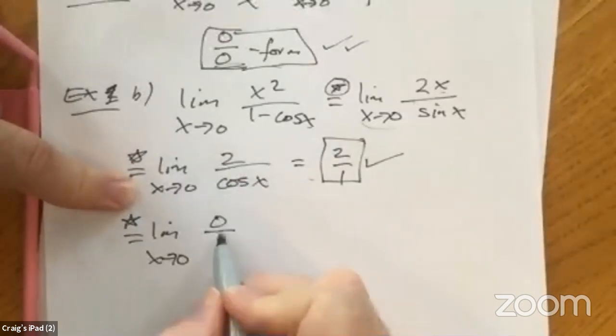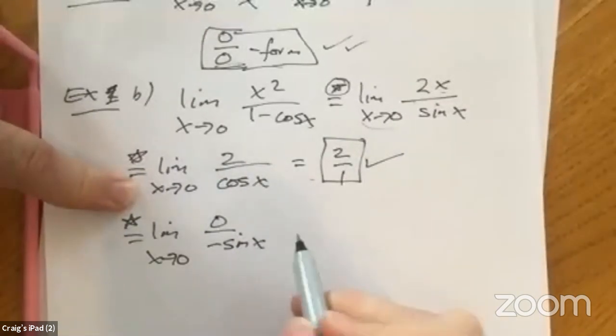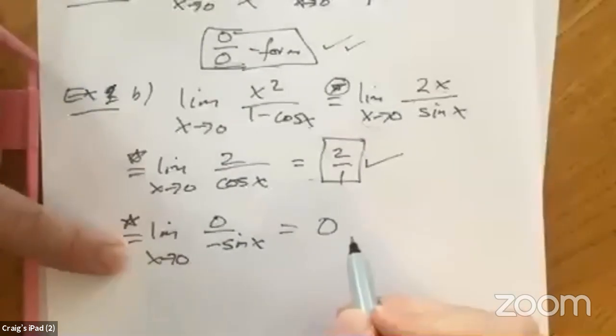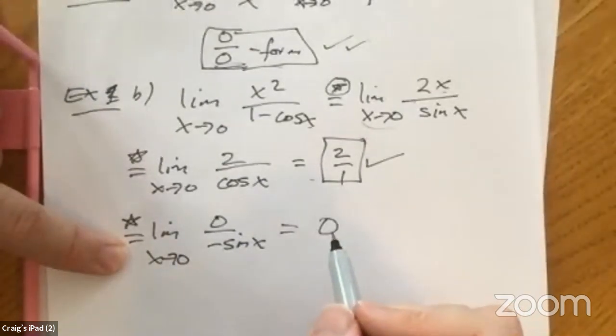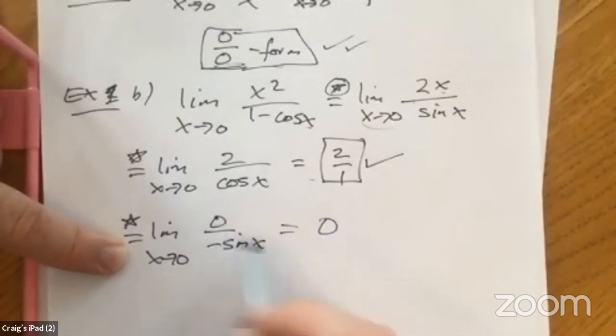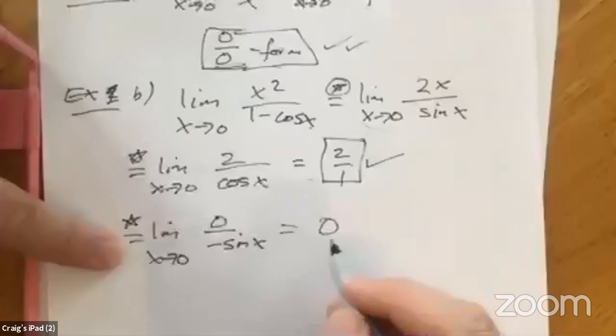Derivative of cosine of x is minus sine of x. And as x goes to 0, well, 0 divided by sine of x is 0. So that's just what it is, even though it's going to 0 divided by 0. This one already is 0 divided by something that's not 0 when x is not 0. So we get the limit using L'Hopital's rule. This one is 0.